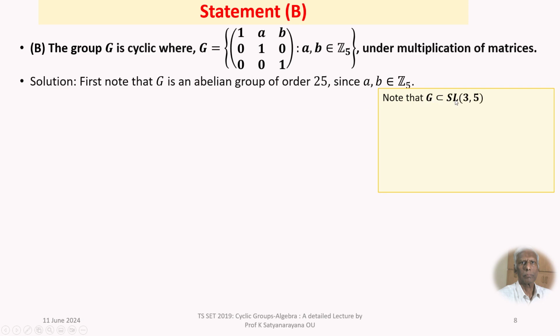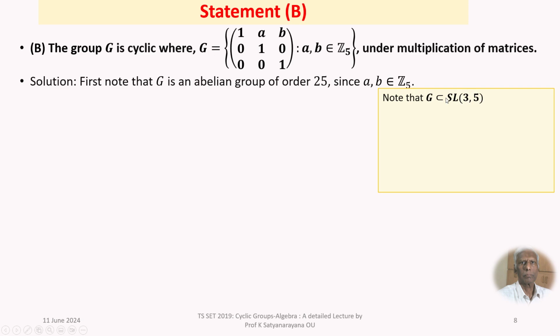Now you see, what is G? G is a subset of SL(3,5). What is SL(3,5)? The special linear group of all 3 by 3 matrices with entries coming from Z5, of determinant 1. So every matrix of G is of determinant 1. Therefore, G is a subset of SL(3,5).